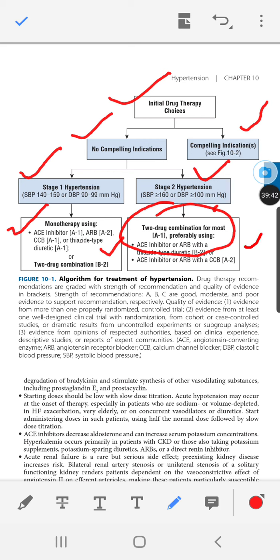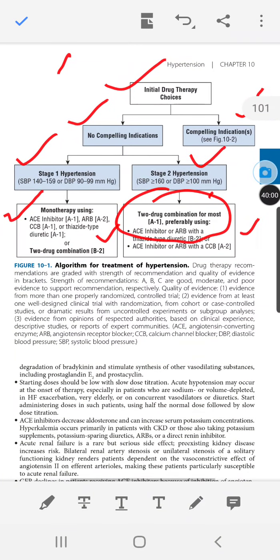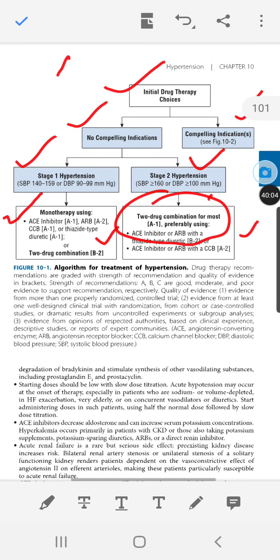So ACE inhibitor or ARB with a thiazide type diuretic, or ACE inhibitor or ARB with a CCB. So you can give the ACE inhibitor or ARB, one drug from both sides. ACE inhibitors and ARB with the thiazide diuretics, or ACE inhibitor and ARB with the CCB is the best combination.